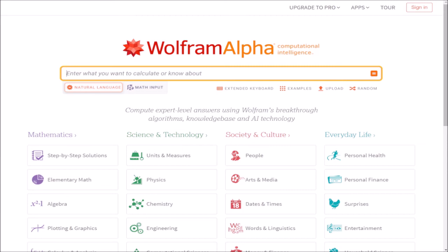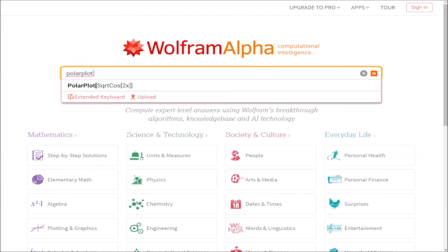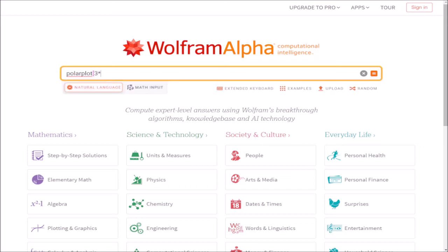So we're going to come over to Wolfram Alpha, we're going to do polar plot, and then 3 times sine of 2 times theta. And theta will go from 0, let's just do 2 pi.